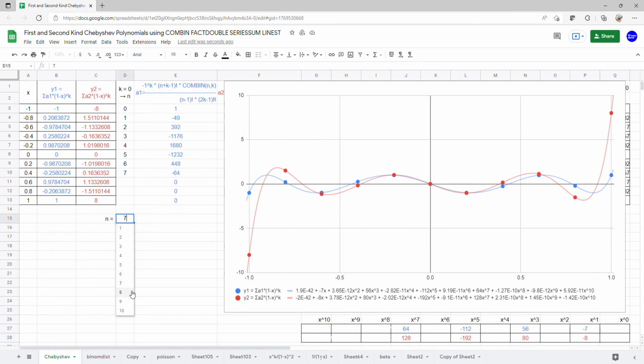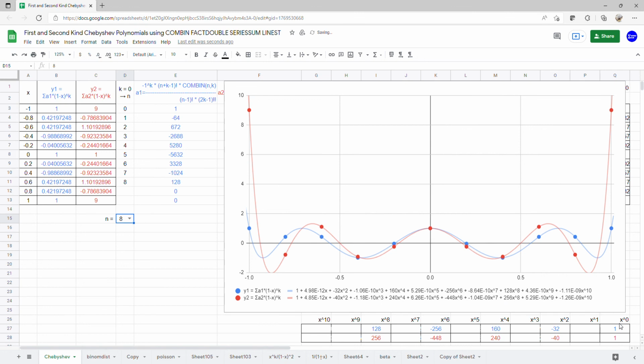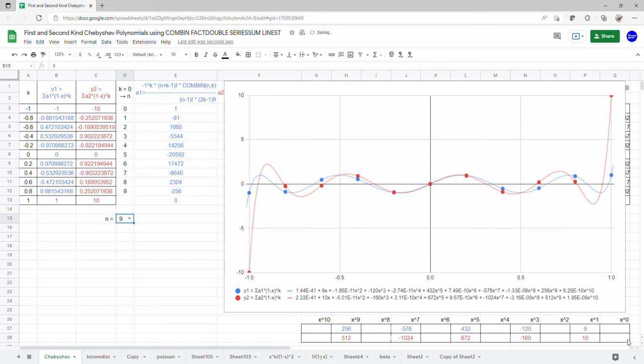N equals 8. Coefficient of x to the 0, 1. Coefficient of x squared, minus 32, 40. Coefficient of x to the 4th, 160, 240. Coefficient of x to the 6th, negative 256, minus 448. Coefficient of x to the 8th, 128, 256. N equals 9, the 9th degree.